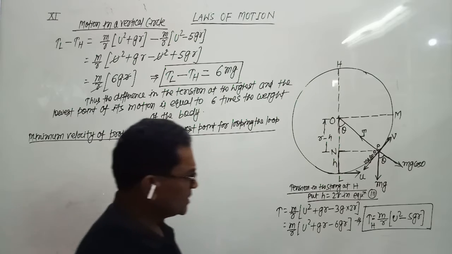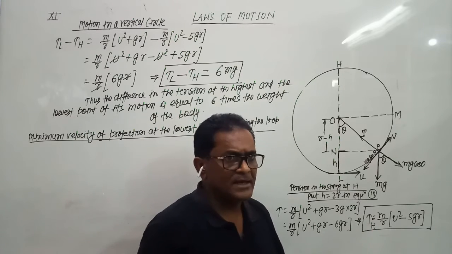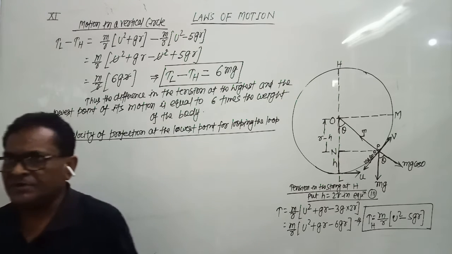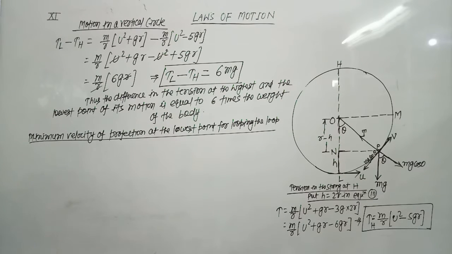So to complete the loop, the tension at point H must be positive. TH must be positive.